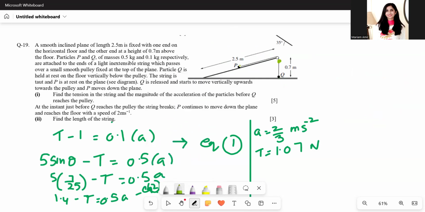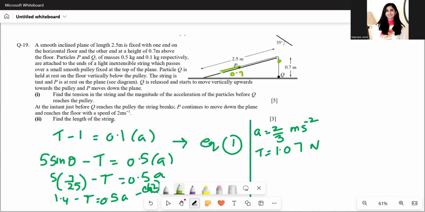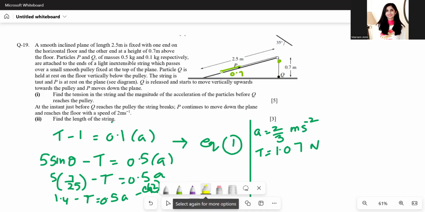And because of that, P will move downwards. It would cover a distance of 0.7 meters as well. Okay, so now P is here and this is 0.7. They need the length of the string, and the length of the string is going to be this entire length. So I somehow need to find this distance and then subtract it from 2.5 to get the length of the string.